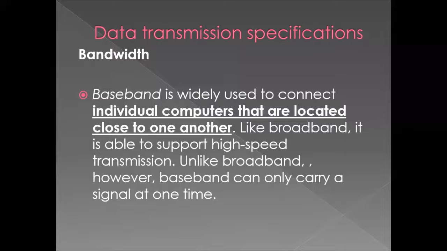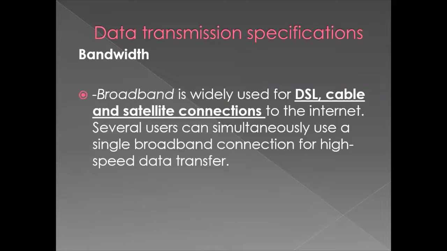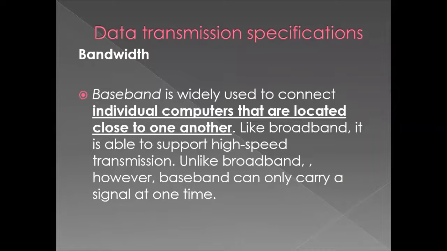So broadband allows simultaneous access; many people can simultaneously connect using broadband. But baseband will carry only one signal at a time. It is still fast, it is high speed transmission, but one signal will be carried at one time, right?